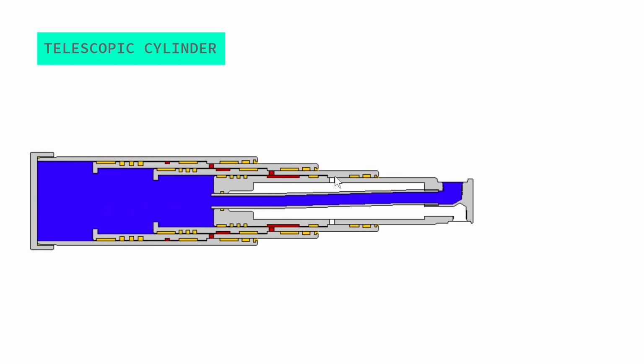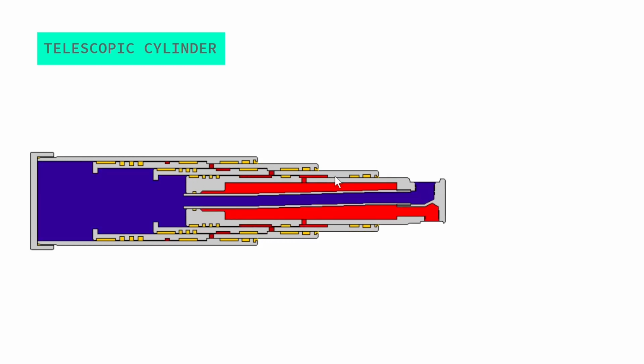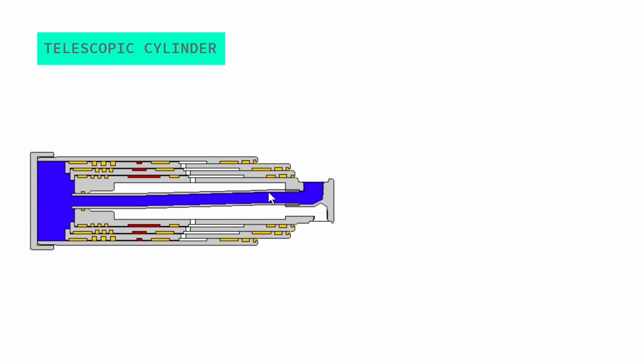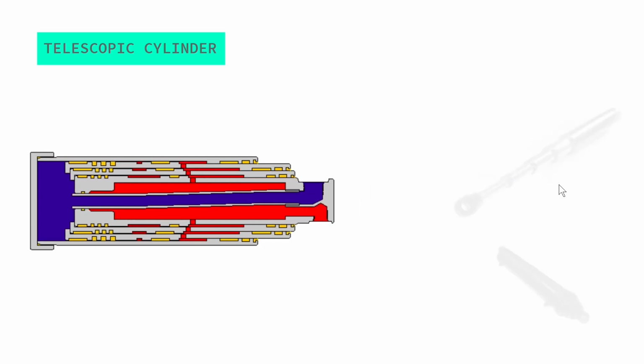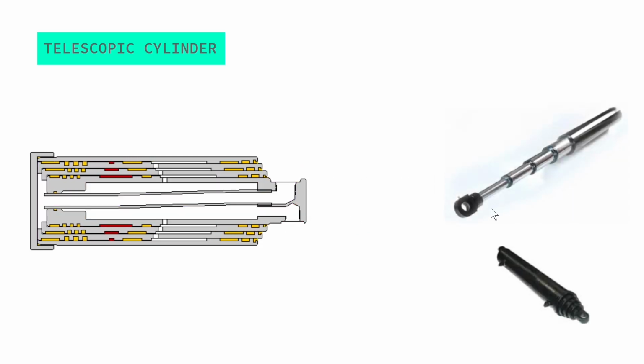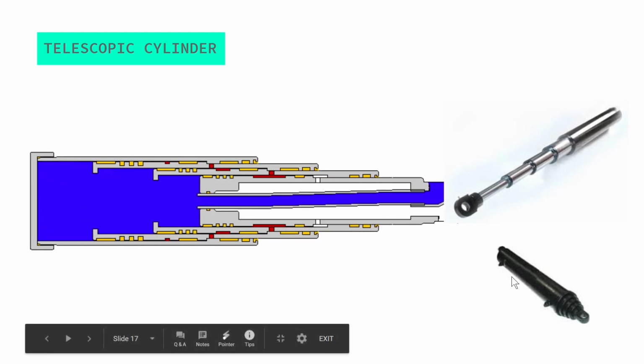So this is used when we need minimal loading. For heavy weights, this can't be used. You can clearly understand from this, when we pass compressed gas through this, stroke by stroke gets extended and it becomes long. You can see it looks like this in complete extension, and it looks like this before extension.